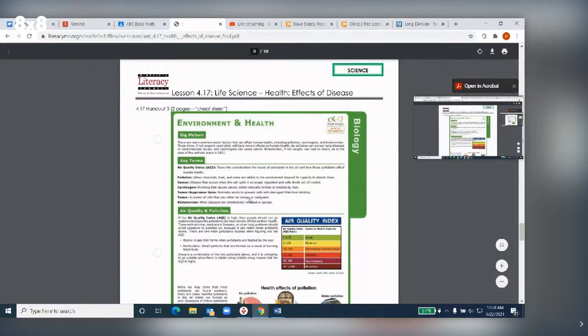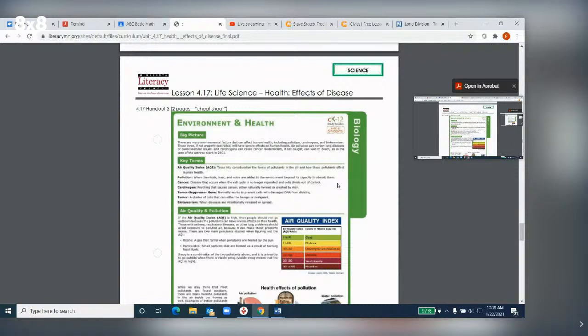So these are some of the key terms. Air quality index takes into consideration the levels of pollutants in the air and how these pollutants affect human health. Pollution is when chemicals, heat, and noise are added to the environment beyond its capacity to absorb them. And chemicals could be, like I said, a byproduct from a factory.